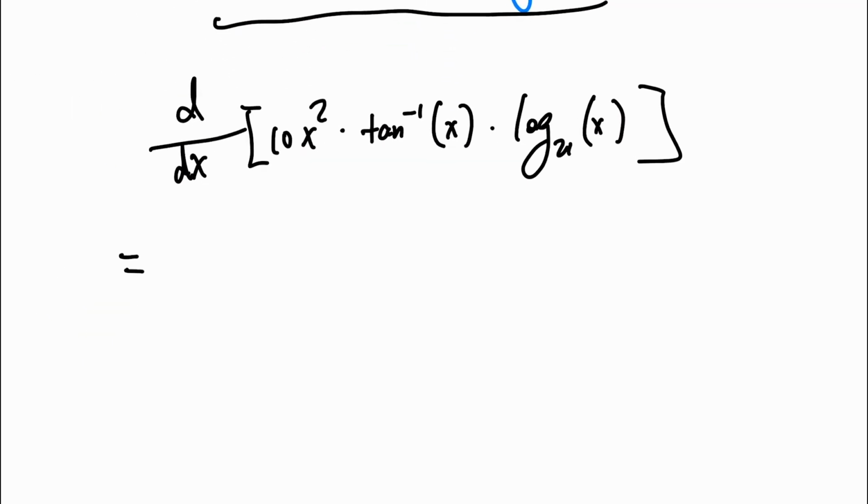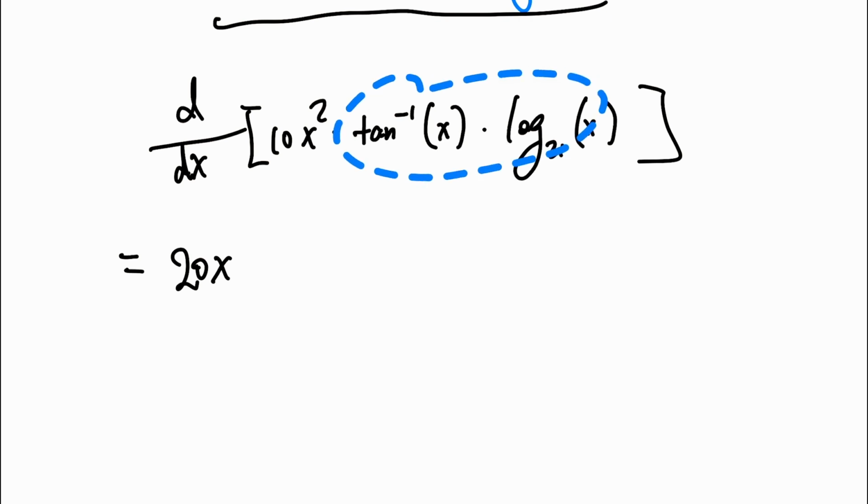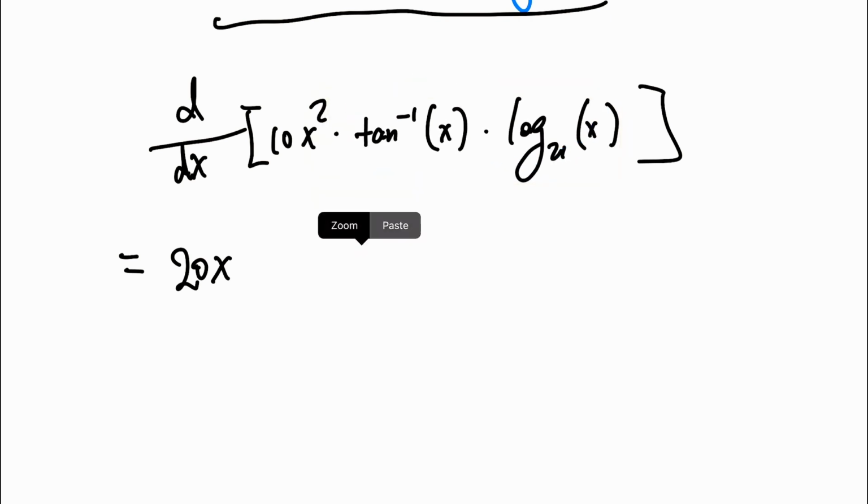And then we can use the extended product rule, so we need to differentiate this first. That will be 20x times this thing, copy, paste.